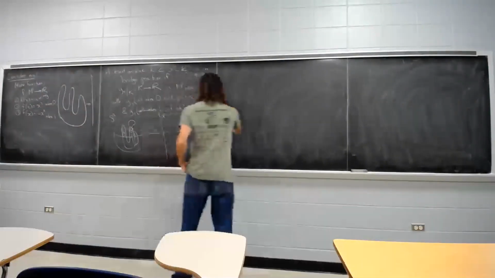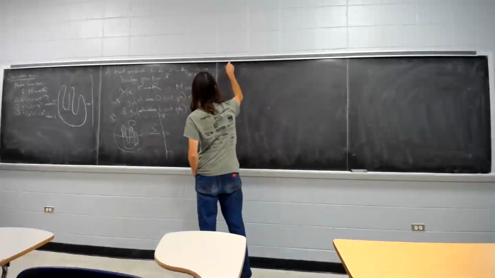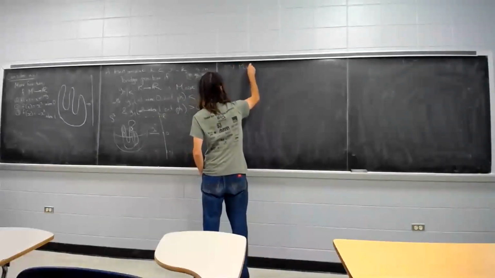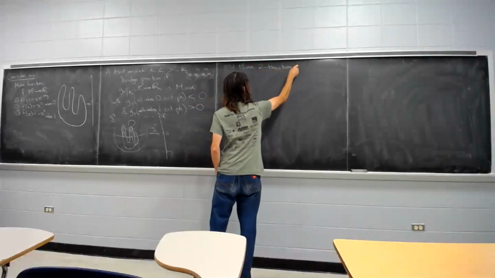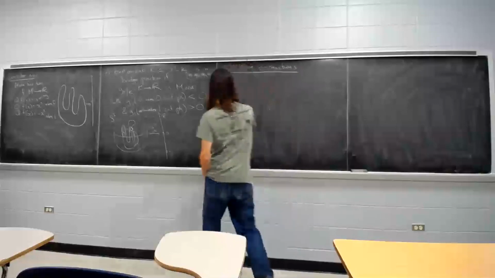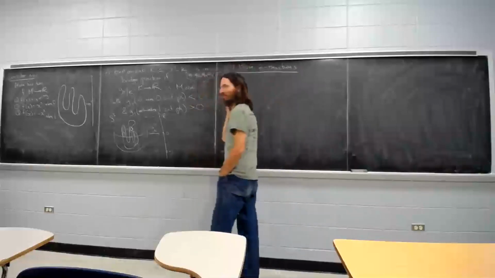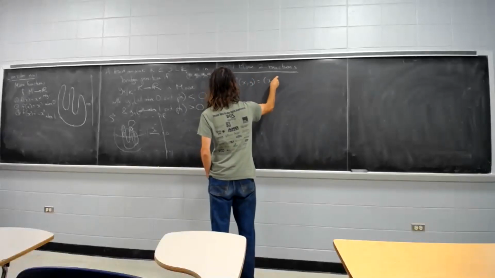So now n equals 1 for Morse 2 functions. The first one, I'll just say x and y instead of x1 and x2.